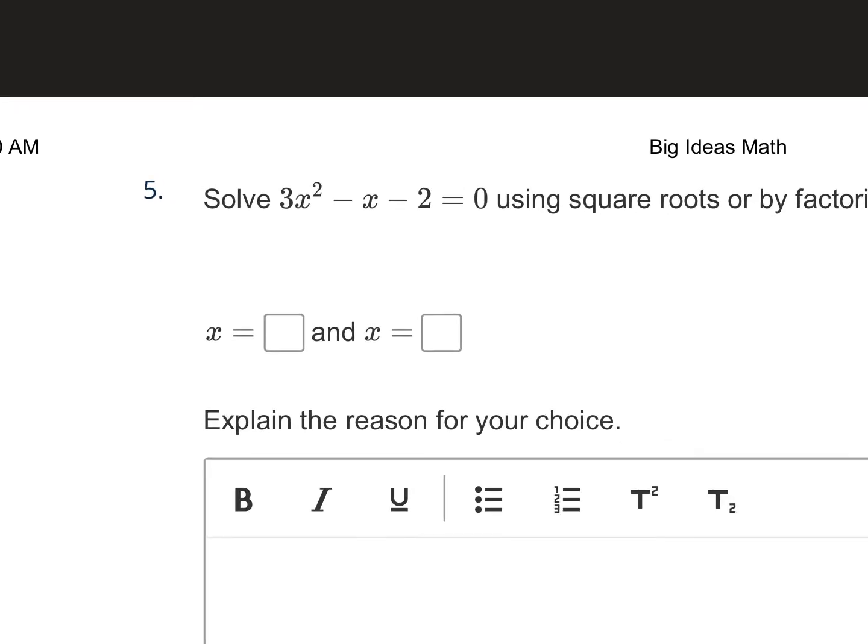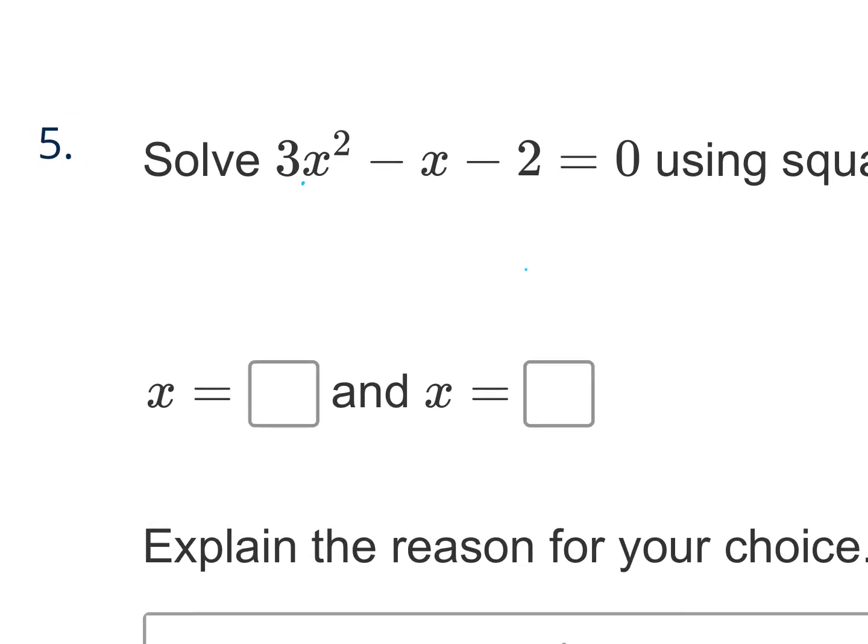So here, would we solve by using square roots or factoring? Factoring, because I have an x squared and an x. So I would have to factor it. How can I factor this? How do I factor when I start with a number that's not 1? Multiply the first and the last.